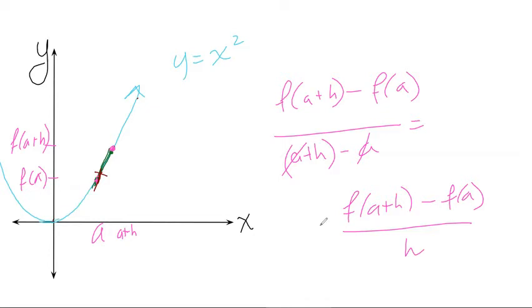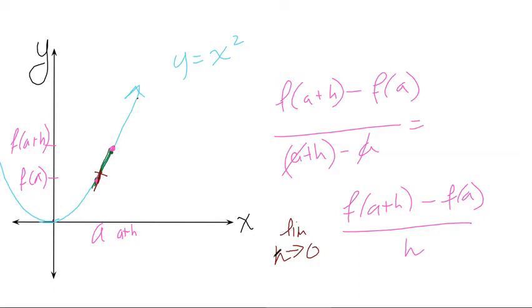As long as the point becomes as close as possible to the original point, which is at f of a, then we would get a very good approximation for the slope itself. So in this case, we would just have to take the limit as h approaches 0.